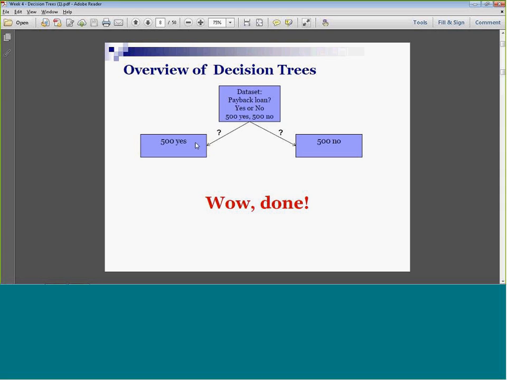All of these characters paid the loan back. All of these characters did not. So, wow, that's done. Now, is that ever going to happen? No. It could happen for a trivial problem, but in the real world, of course not. You're not going to find one value of one feature that splits your mixed group into perfectly homogeneous subsets. If you do, the problem was trivial and they didn't need you to do it anyway.